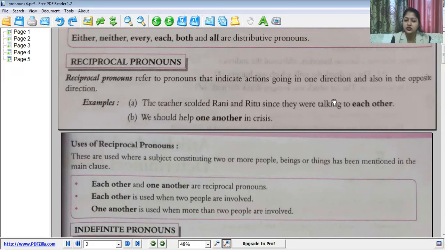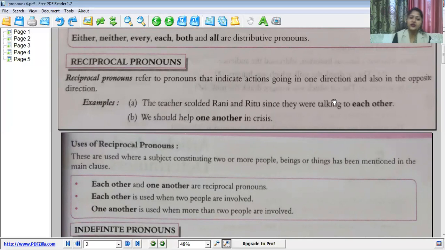Each other is used when two people are involved. One another is used when more than two people are involved. So what clarity have they given here? When do you use each other, children? We use each other when there are two people involved in the sentence. But when you have more than two people, you will use one another.